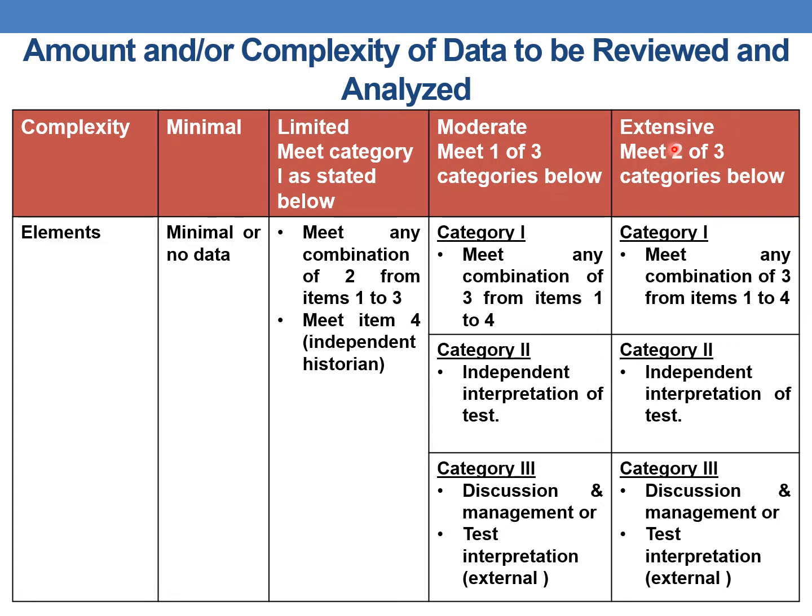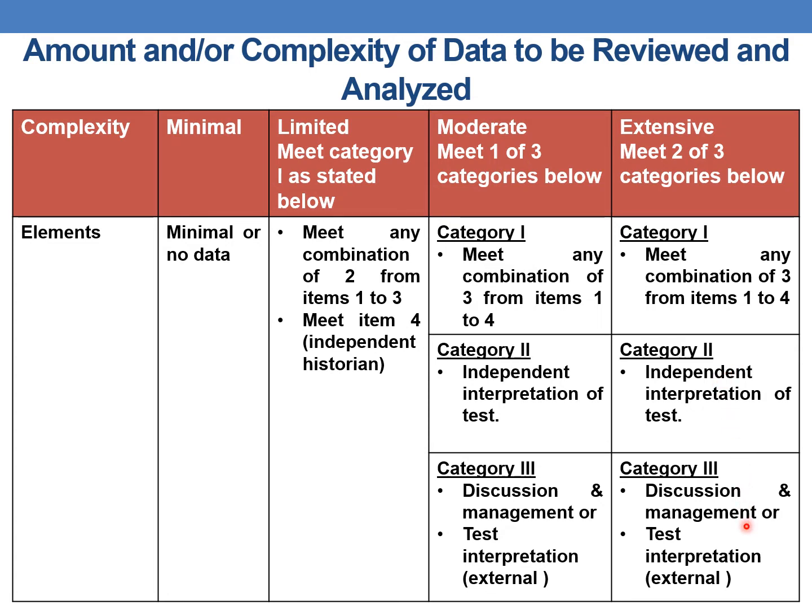Now coming to extensive complexity. It should meet 2 out of 3 categories as below. For moderate, meeting any one category is sufficient. In order to be extensive, it should meet 2 of 3 categories. Category 1 should meet any combination of 3 from items 1 to 4. The next are category 2 and category 3.